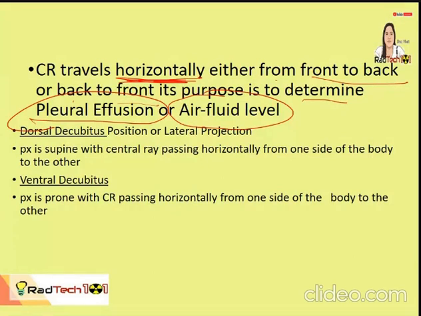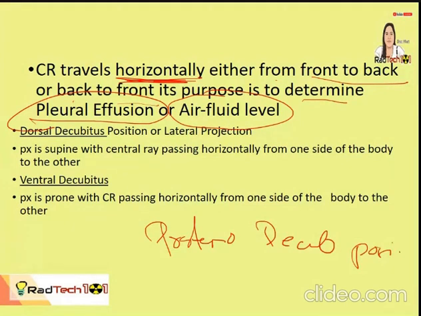So the posterior decubitus position we mentioned earlier, that is also equivalent to dorsal... this is lateral pala. Posterior decubitus position if the patient is in lateral position.